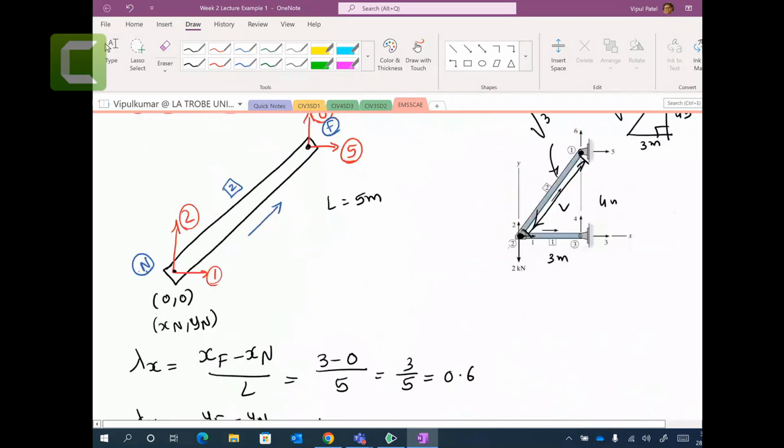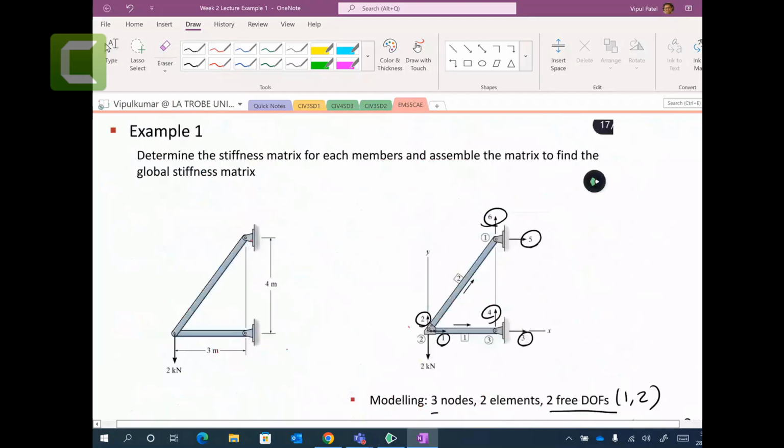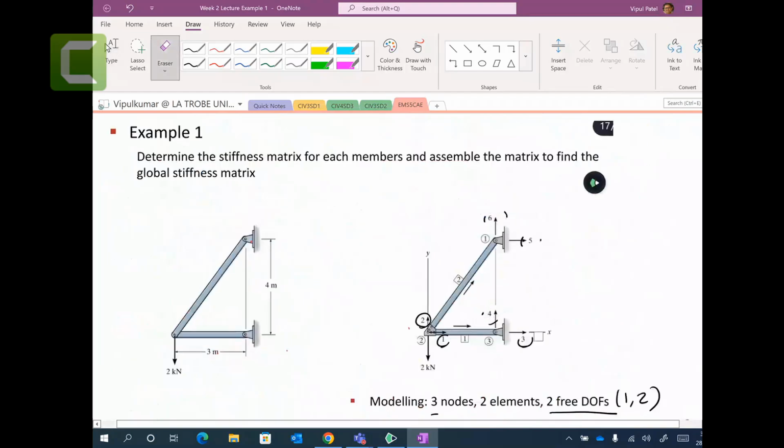Now, out of these, because last week we did fixed and free degrees of freedom, you can see that this pin is not allowed to move in the X direction, and this pin is not allowed to move in the Y direction. So it is restricted. It is a fixed degree of freedom.